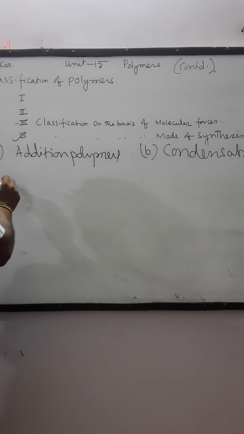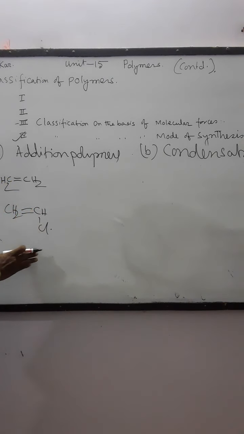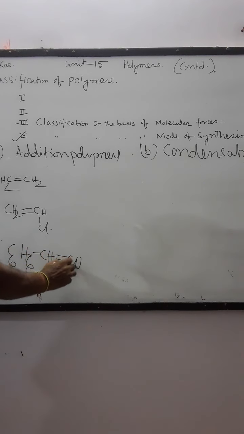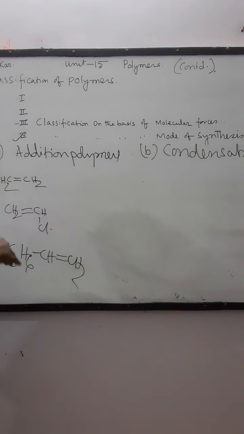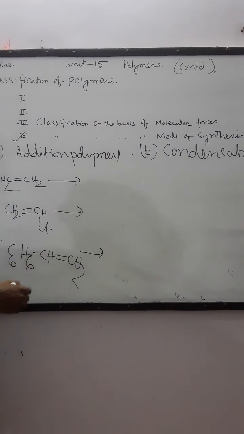So if any compound, say ethene, contains double bond, say vinyl chloride contains double bond, say styrene contains double bond. So if double bond or triple bond is present in monomer, then the polymer is called addition polymer.